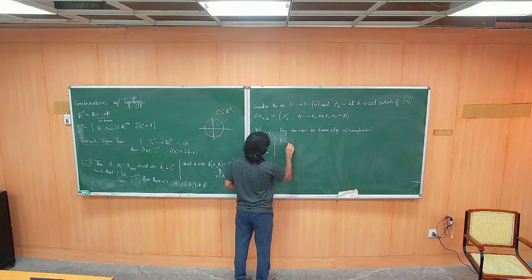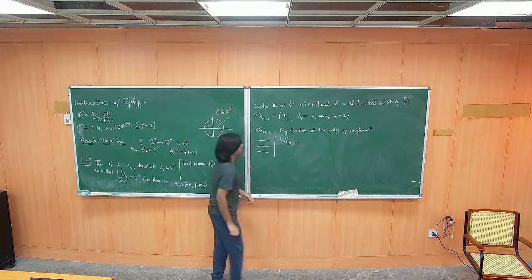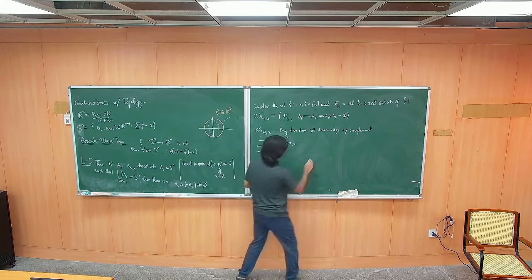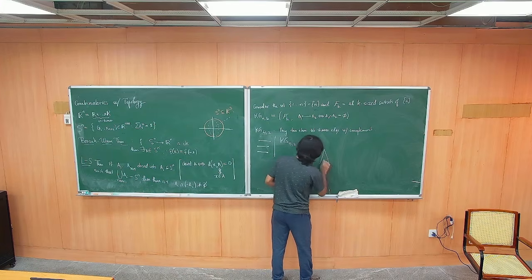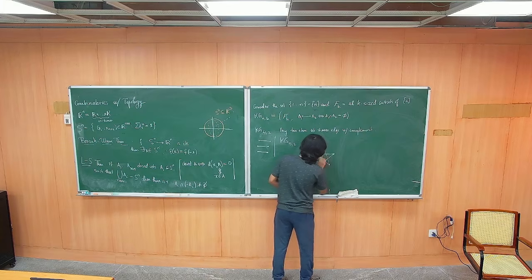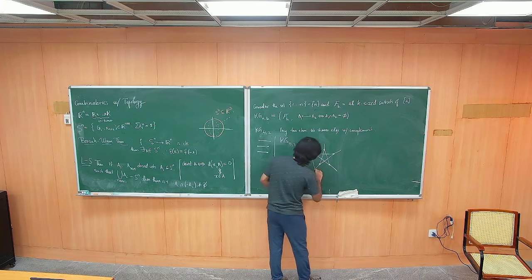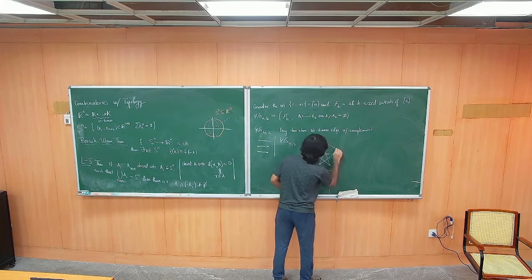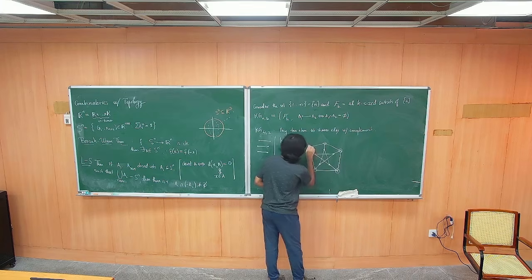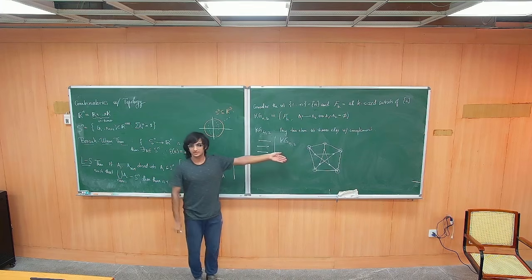Now KG(5,2) is a little more complicated, and I'll just draw it out. So this is called the Petersen graph.